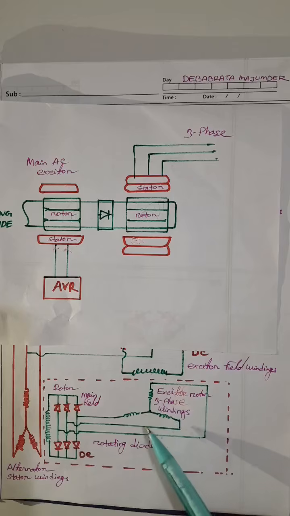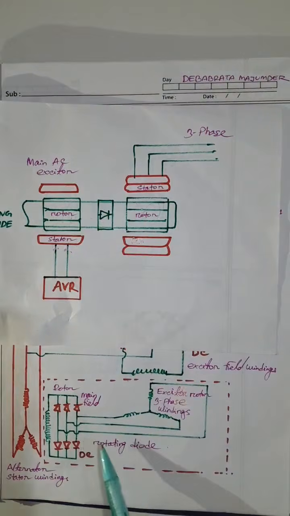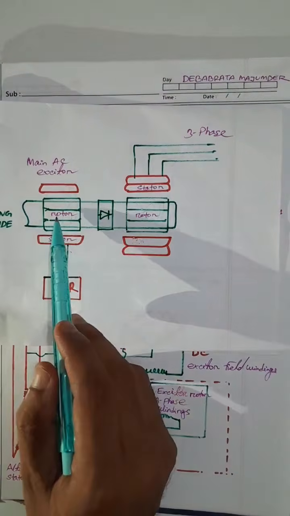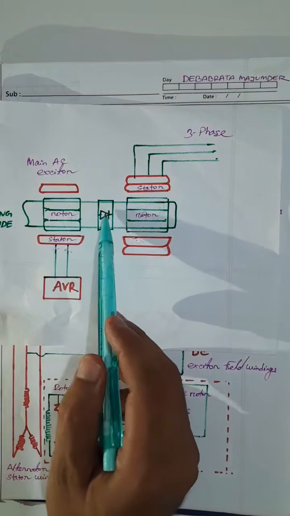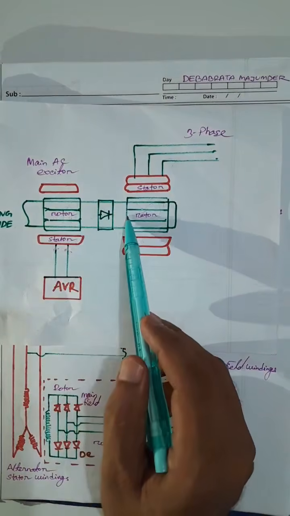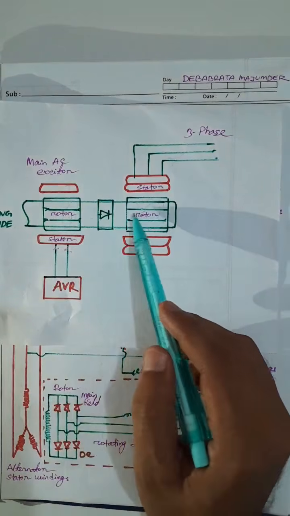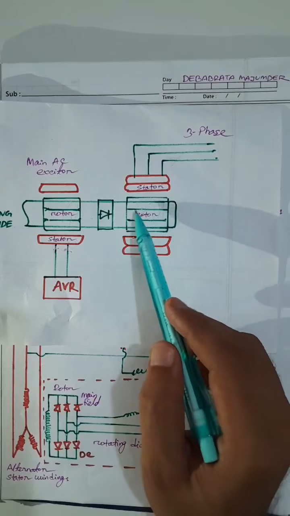This AC current will lead to the rectifier, that means the rotating diodes, and this will convert AC to DC, and this DC current will supply the main rotor windings.